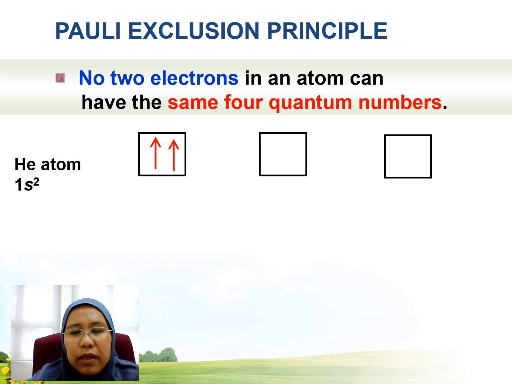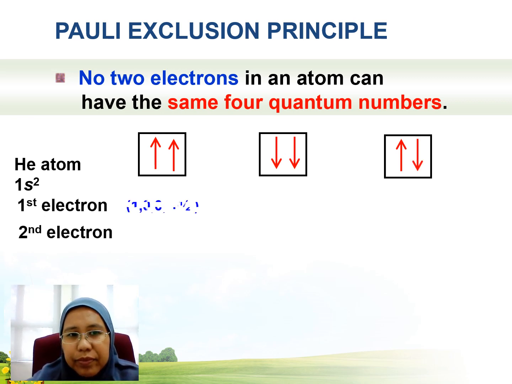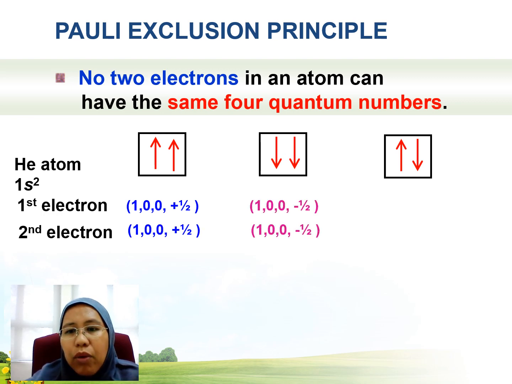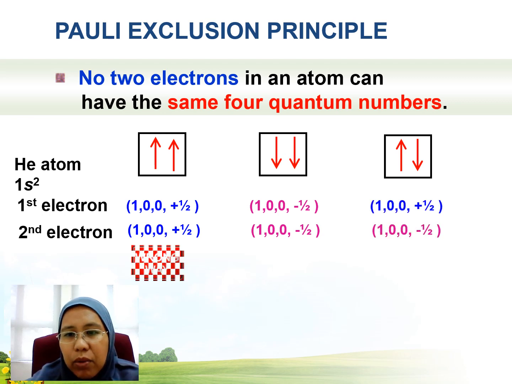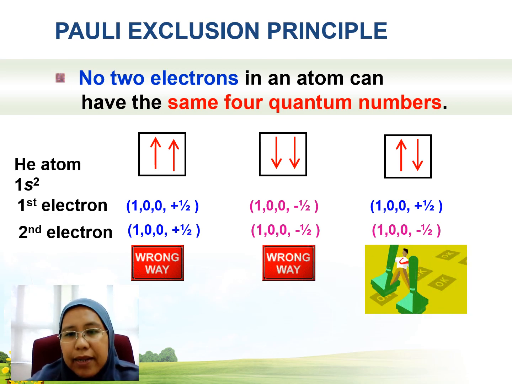The second electron would have an opposite spin, like the right one here. So you can see that the set of quantum numbers is now different when it has a different spin.